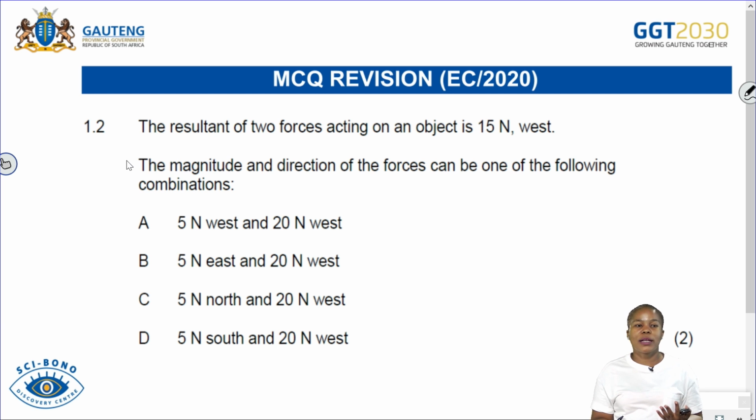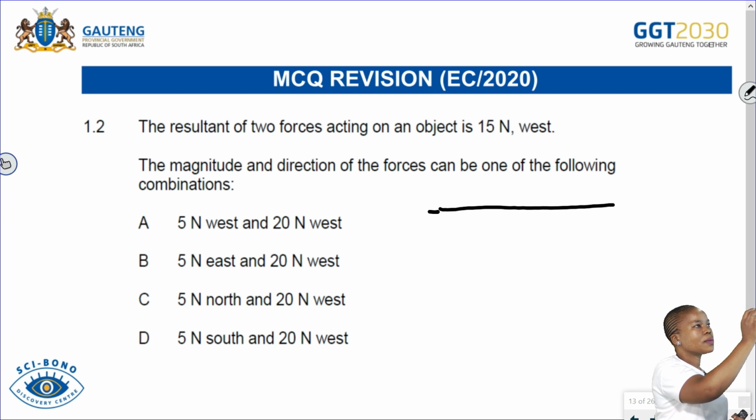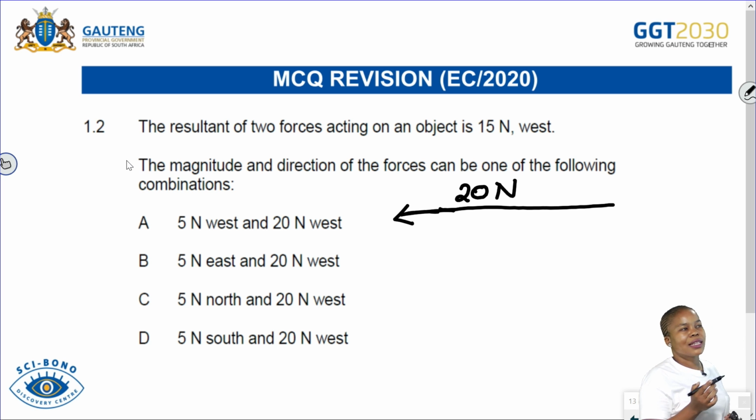So you've got your 20 newtons west, and then you've got your 5 newtons east. Let's create this. Let's start with the bigger one. Let me make this longer. This is our 20 newtons, and then it said west, so it needs to point in that direction.